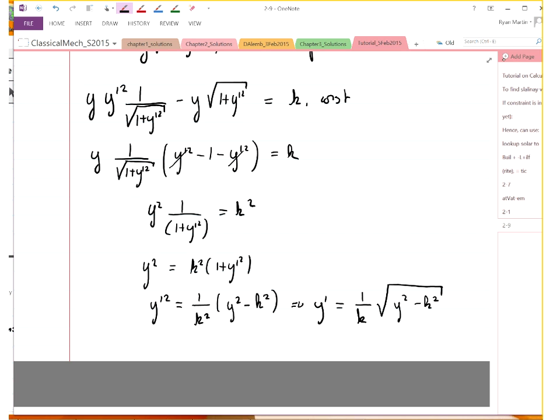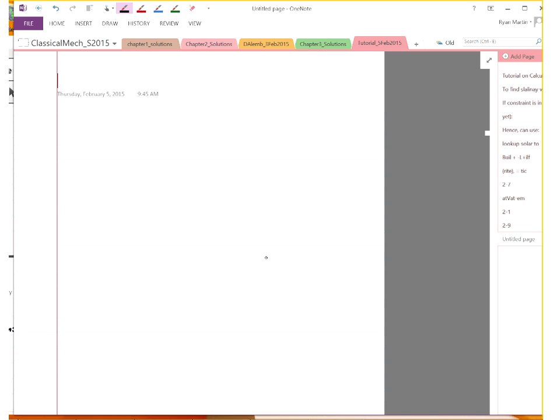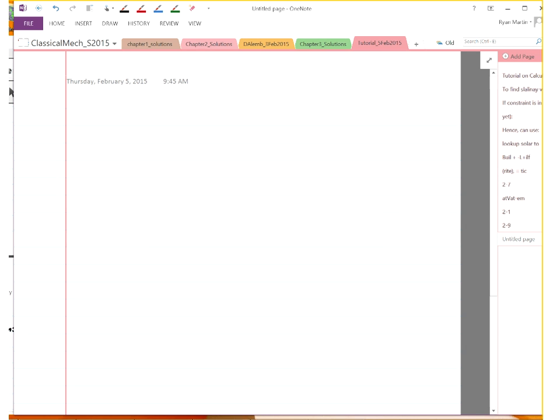So this actually can be solved, although I wouldn't expect you to know how to do it. But let me show you how to do it. So I'll rewrite our equation. We have y prime equals 1 over k square root of y squared minus k squared.